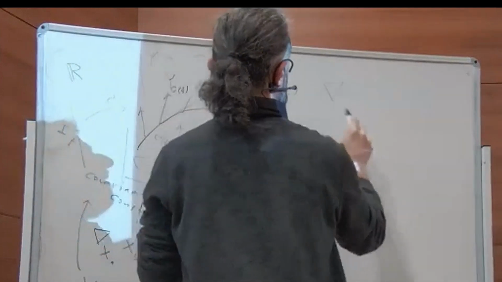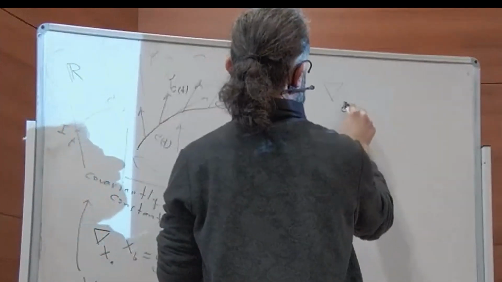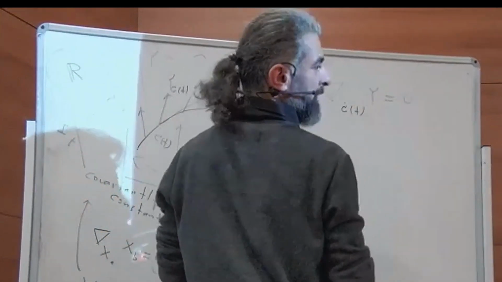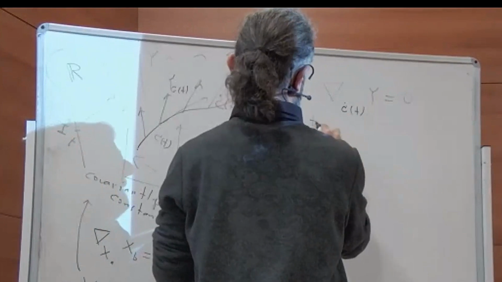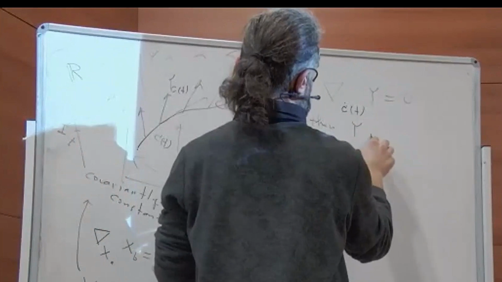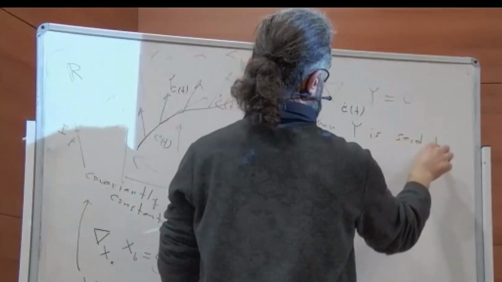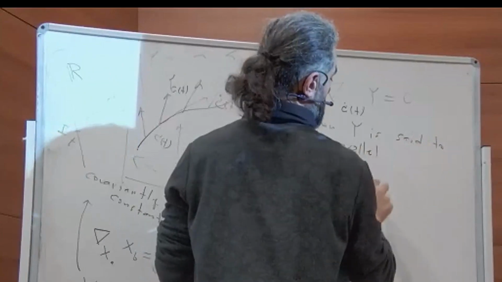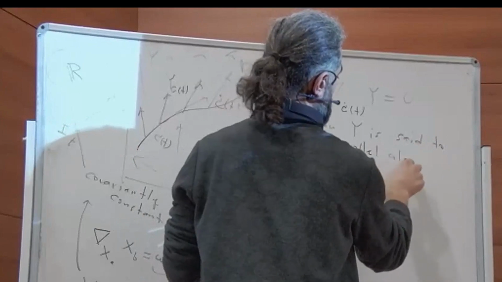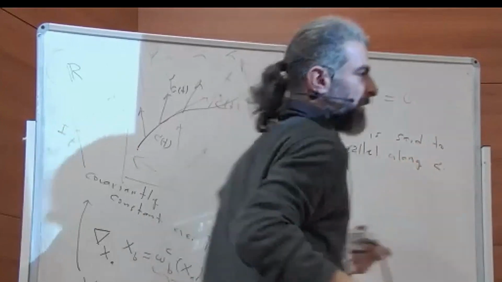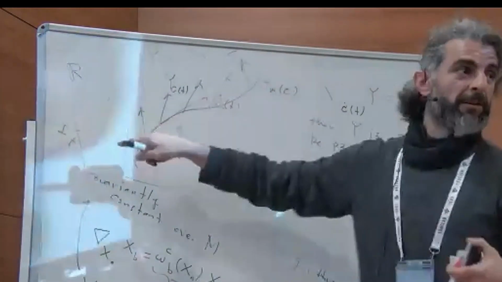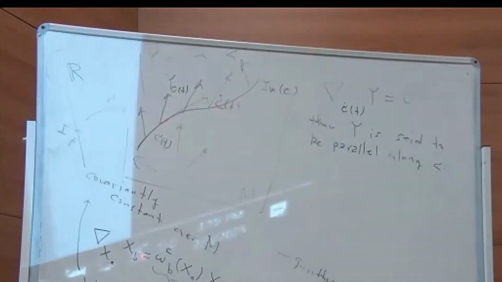Now, if this condition is satisfied, then Y is said to be parallel or covariantly constant along C. Note that C is a mapping; it is the curve. Its image is what you see with this field.